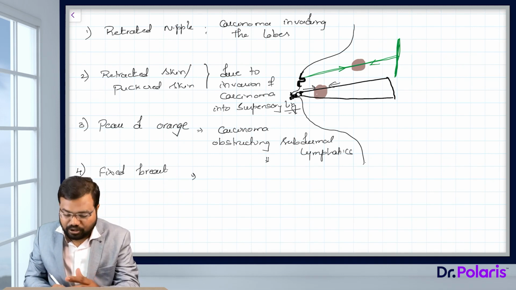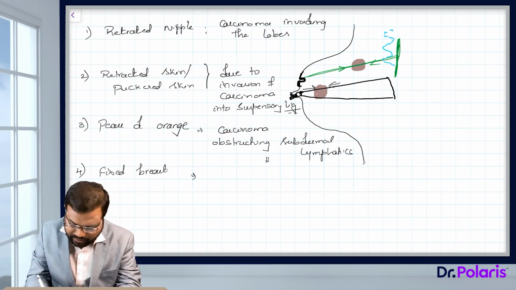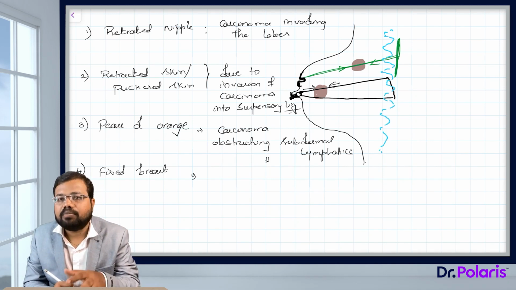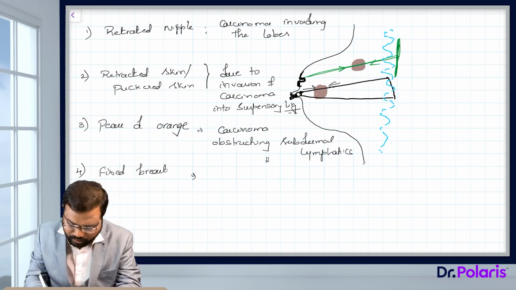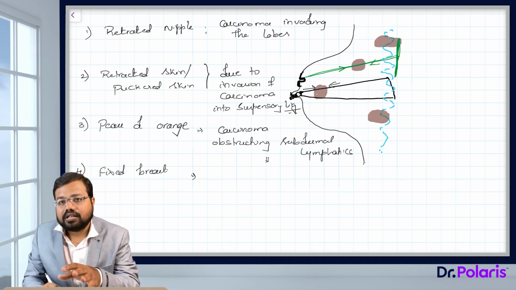And if the carcinoma invades the retromammary space, what is the function of the retromammary space we had discussed? It helps in the mobility. So if the carcinoma is invading the retromammary space and the underlying structures, will the breast be freely mobile?